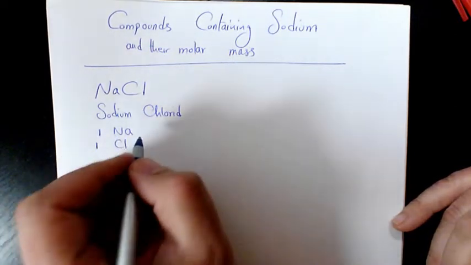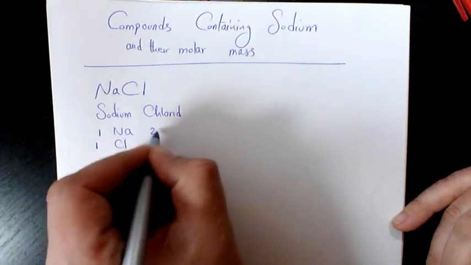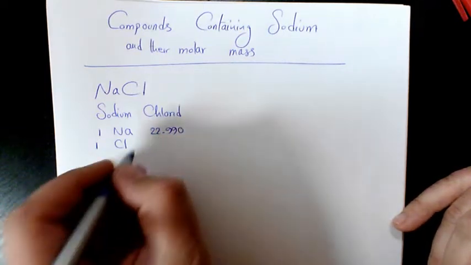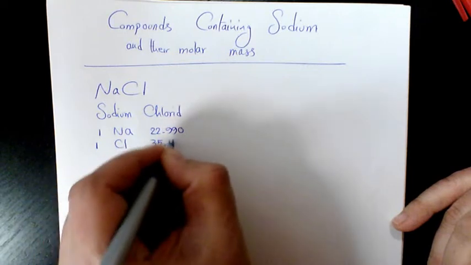The atomic mass of sodium is 22.990 and chlorine is 35.45.